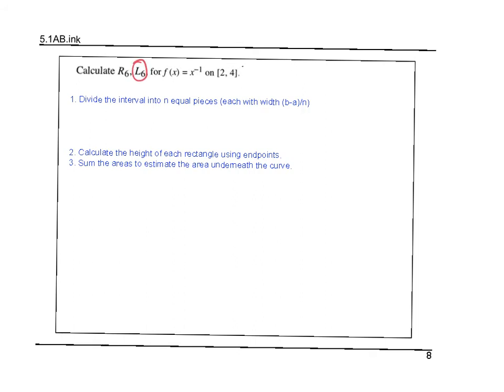Okay, so we're going to do L6 for x to the -1 from 2 to 4. Okay. So again, you can get a quick sketch if you would like. X to the -1, or 1 over x, roughly looks like that. We're going from 2 until 4, so it's just that little slice in between, and we're breaking it up into 6 rectangles.